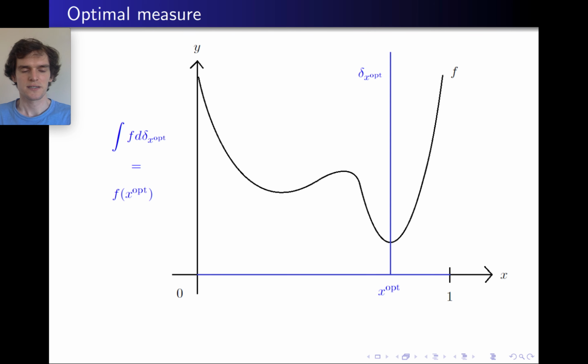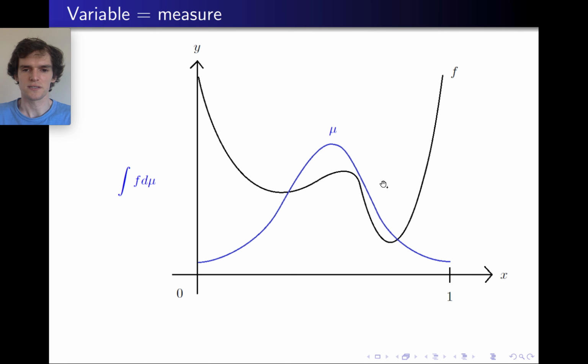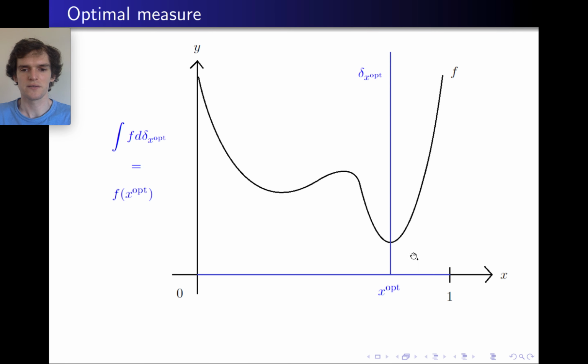The variable was this distribution mu, this probability distribution on the interval, so it has mass equal to 1. If you put all the mass here, then you minimize this integration. It's equal to the optimal value.